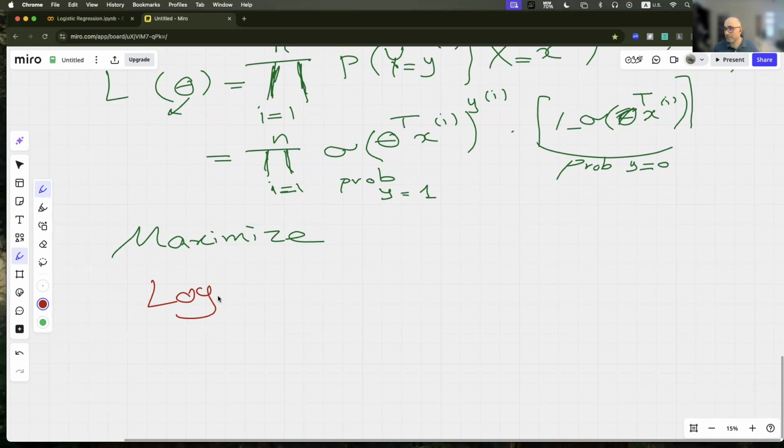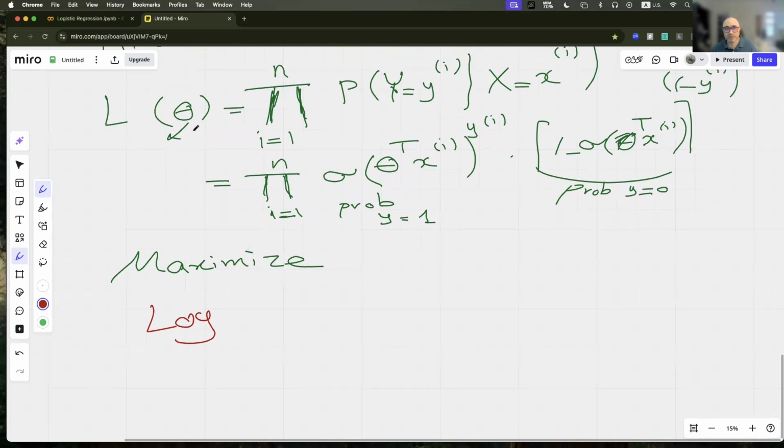You might see this as LL theta, the log likelihood. If you take the logarithm of this equation, the multiplication would be converted to summation, and after that we can take the derivative with respect to theta. That would be very easy to do.